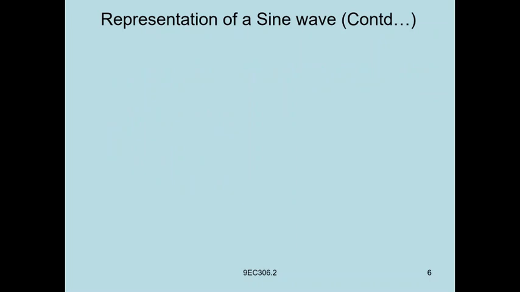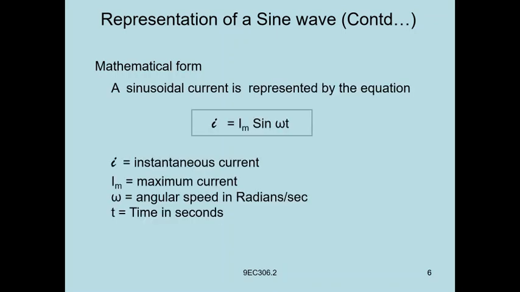So the representation of sine wave in mathematical form. A sinusoidal current is represented by the equation I is equal to Im sin omega t, where I is the instantaneous current, Im is the maximum current, omega is the angular speed in radians, t is the time in seconds.